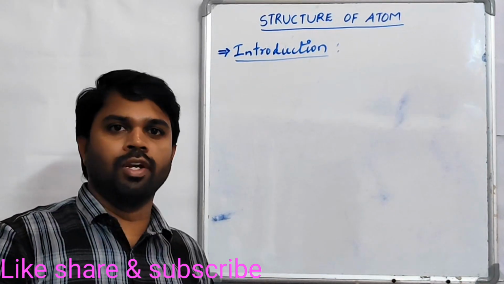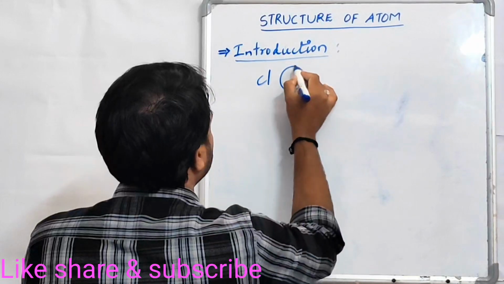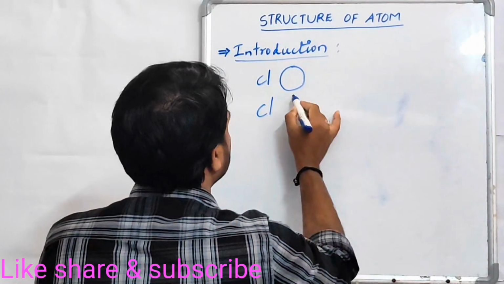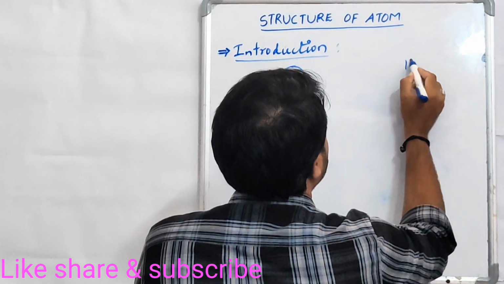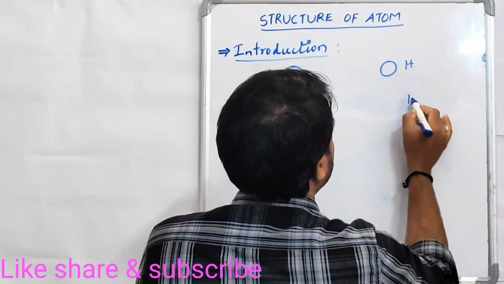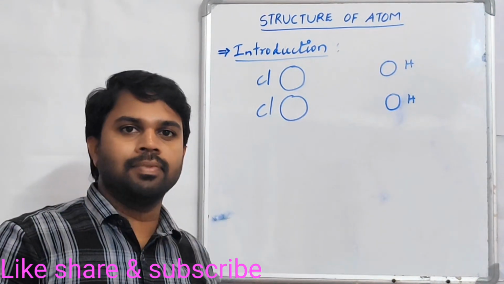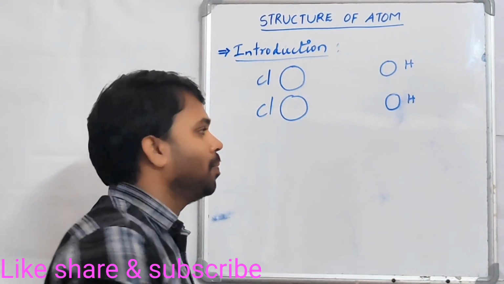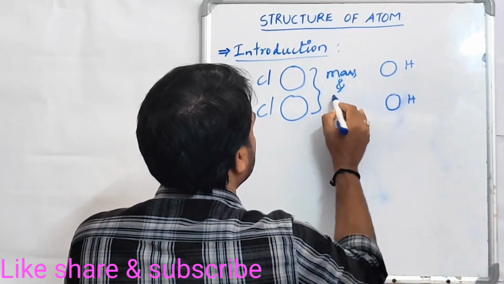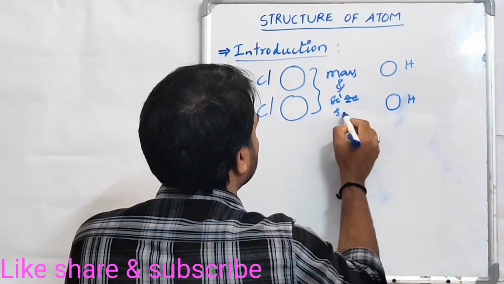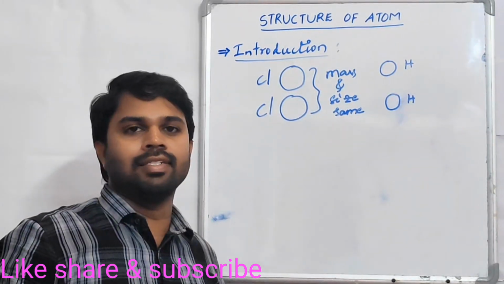Now, I am taking two chlorine atoms. And I am taking two hydrogen atoms. When compared, the two chlorine atoms have the same mass and size. The two hydrogen atoms also have the same mass and size.